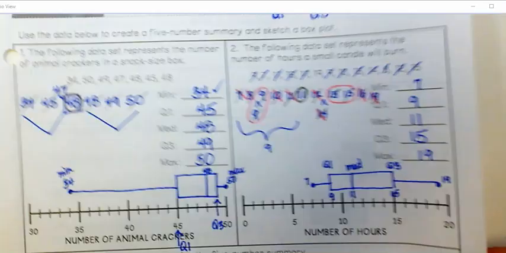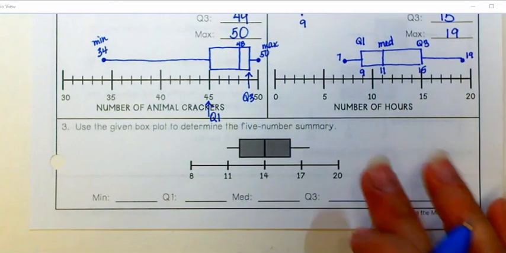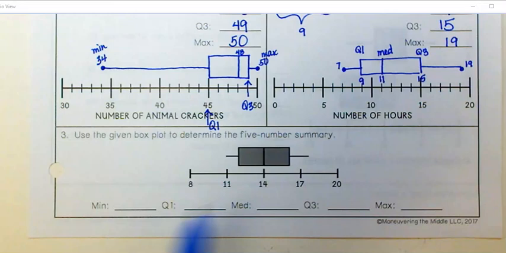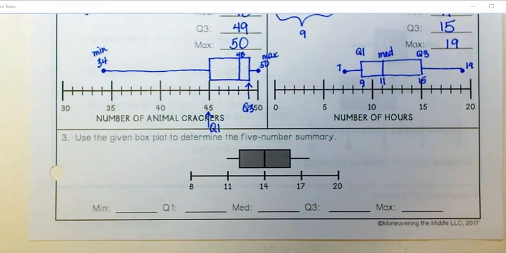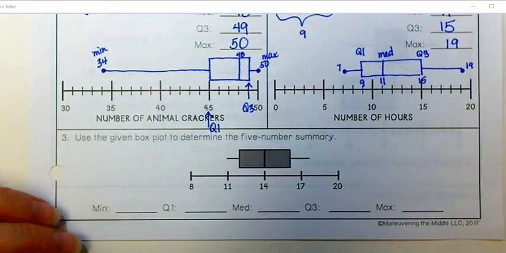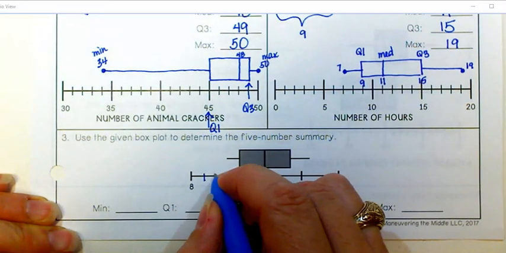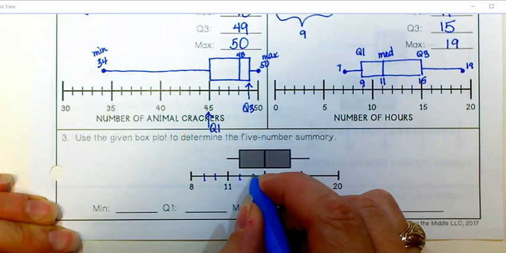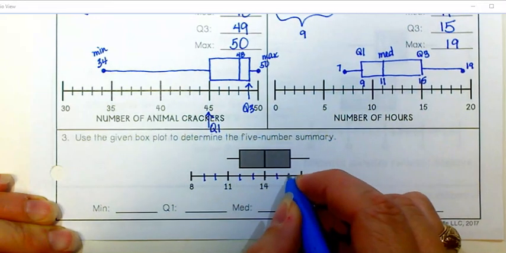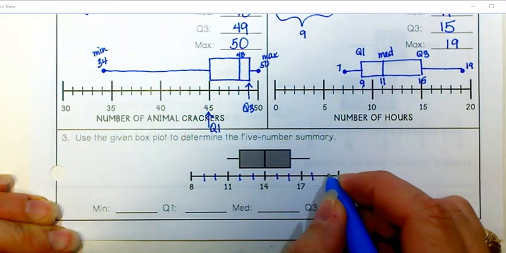All right, now they've already given you a box plot, and they want you to determine what these values are. So here we go. 8, 9, 10, 11, 12, 13, 14, 15, 16, 17, 18, 19, 20.